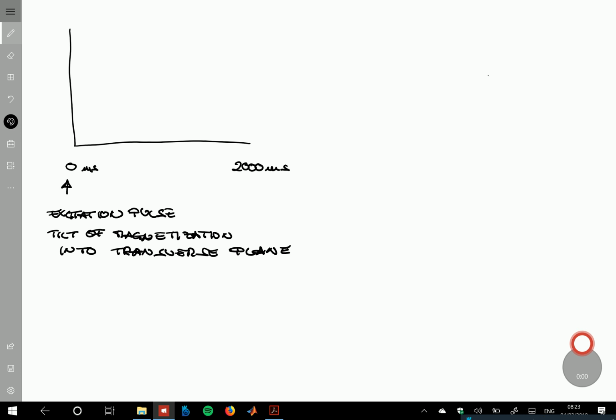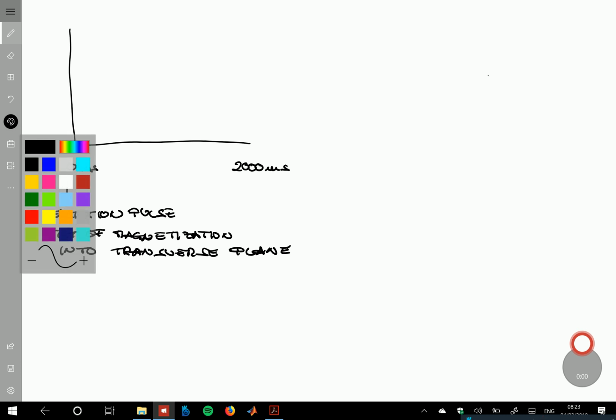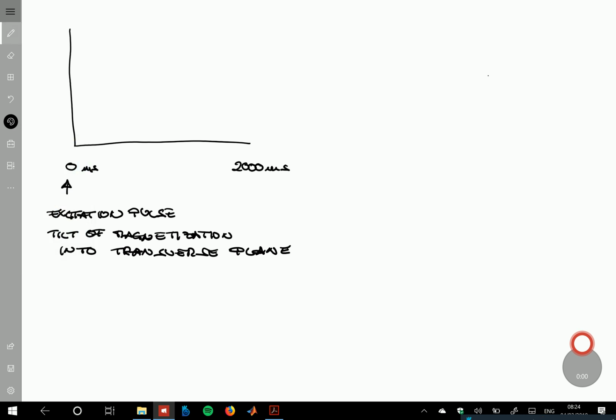Now, the first thing is that we then acquire data at certain time points. Here I'm plotting 5 time points starting, I think, at 1000 milliseconds.